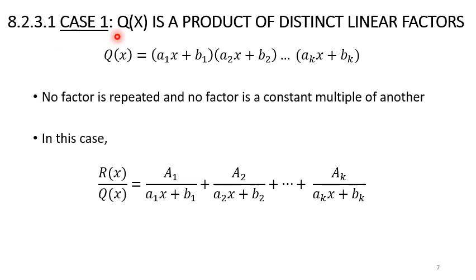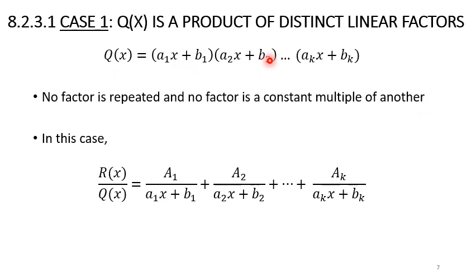So for case number 1, where q of x is a product of distinct linear factors, meaning when you factorize the polynomial q of x, you will end up with different linear functions. In this case, a1x plus b1, a2x plus b2, and so on, depending on how many linear factors you have when you factorize q. Okay, no factor is repeated and no factor is a constant multiple of another.